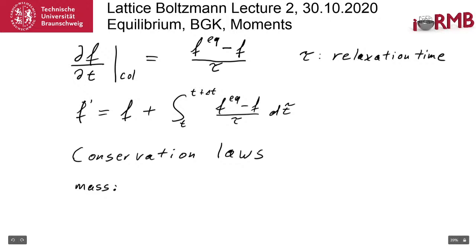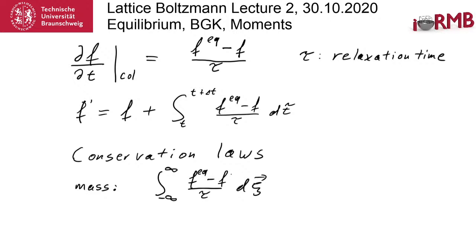We have mass. Mass, as we introduced last time, is the integral from minus infinity to infinity. And we now look at the collision operator, FEQ minus F, divided by tau, integrated over all of xi.